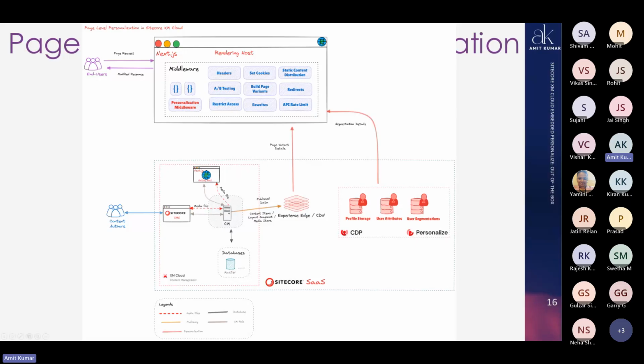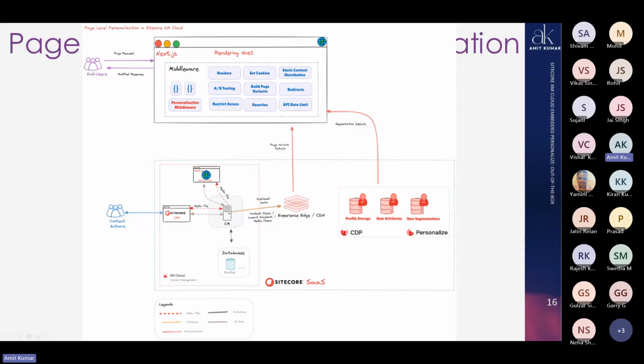That's why we have header middleware, set cookie, static content distribution, A/B testing middleware, or redirections you need to do. In the same way, Sitecore is providing the personalization middleware, the component which will do the magic of personalization.